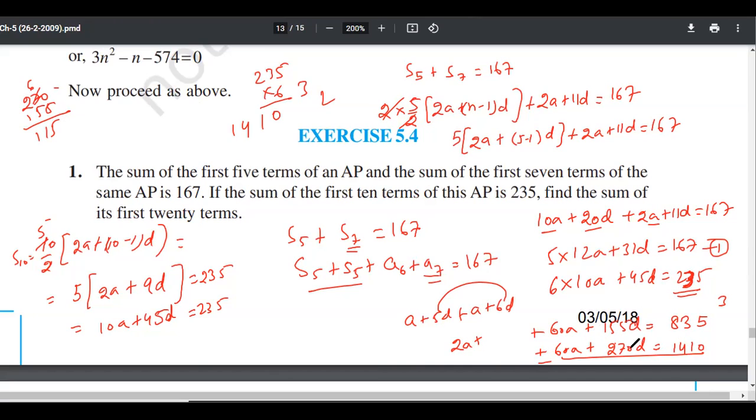So here 115d is equal to, now from 1410 if we subtract 835, we'll get 5 here, 11 minus 3 you will get 8, and 13 minus 8 leaves 5, so that will be 585.